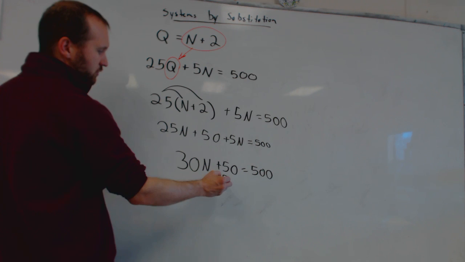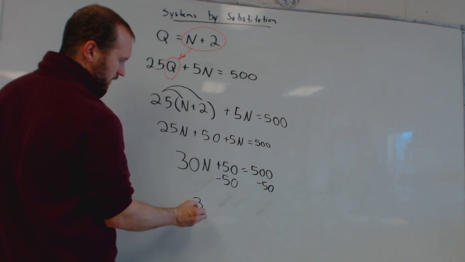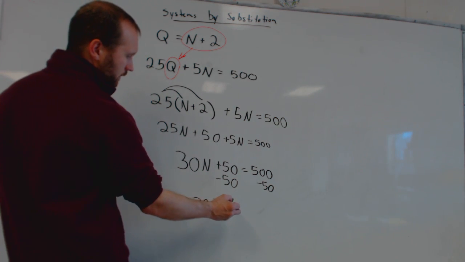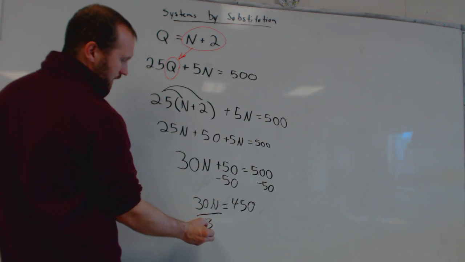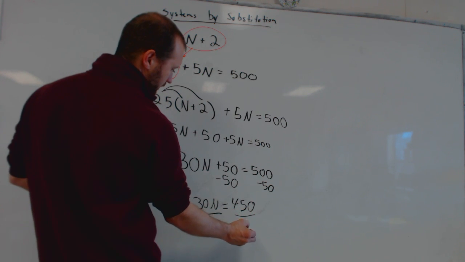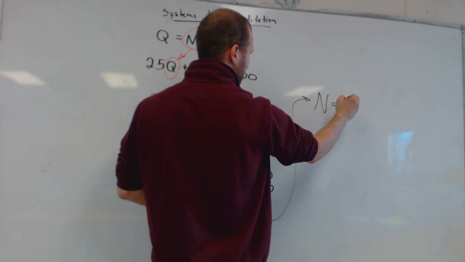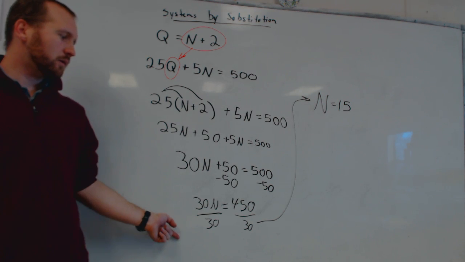Next step would be to subtract 50. So 30n equals 450. Divide both sides by 30. n equals 15.